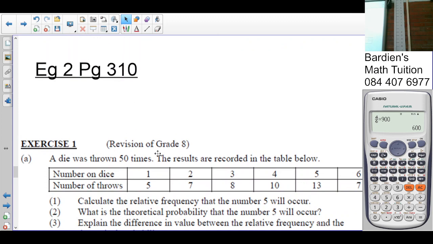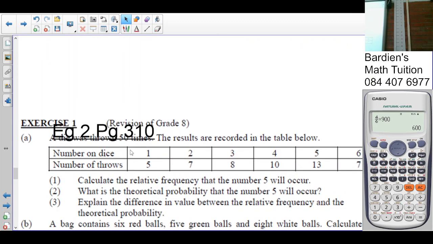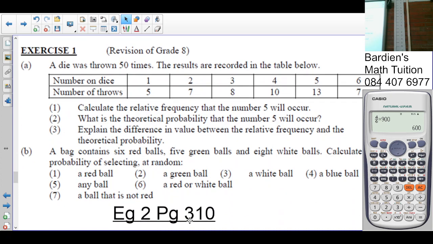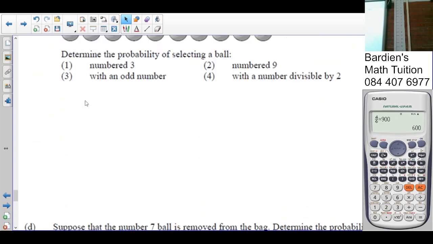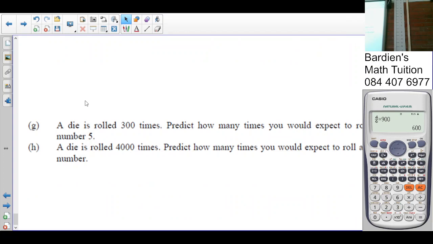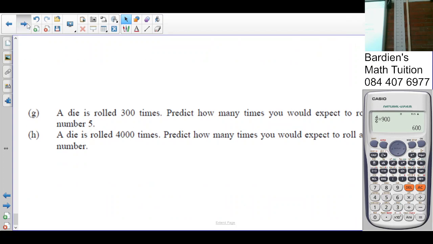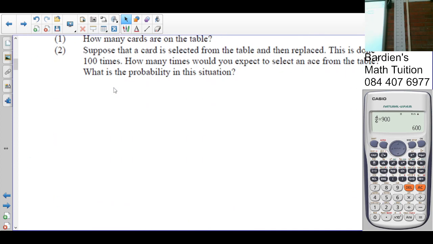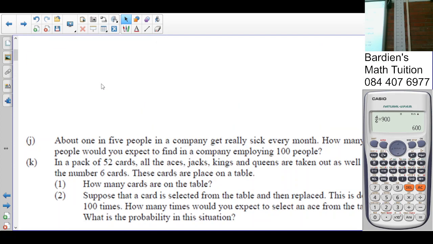So with that, you should be able to do exercise 1. There's quite a few sums there. Alright. So I think that's a bit too much, no? Yes.